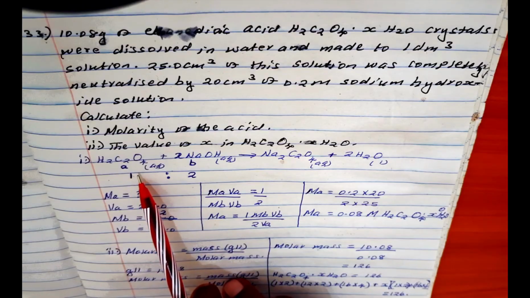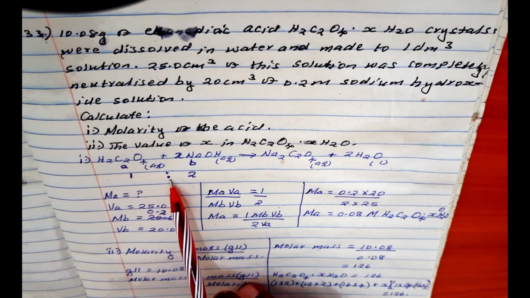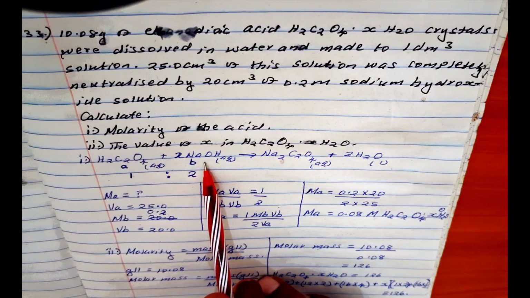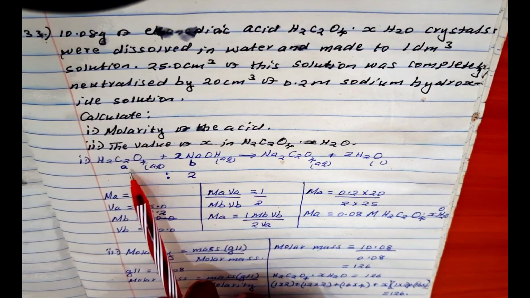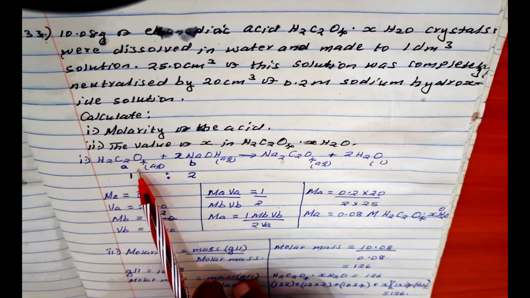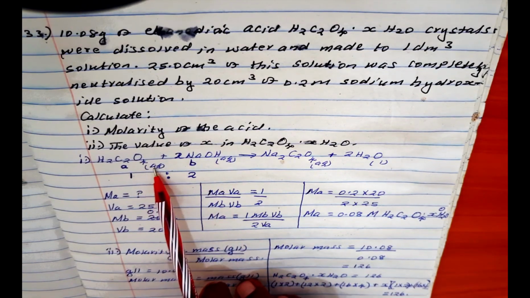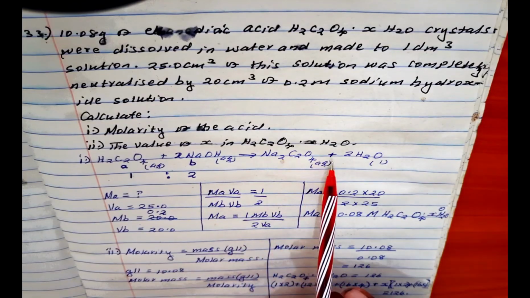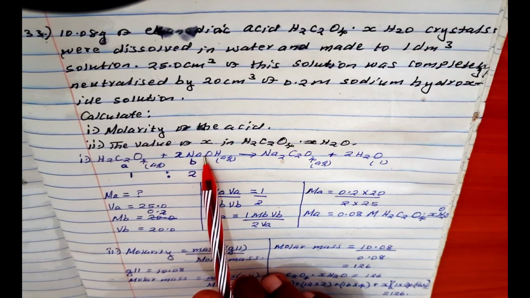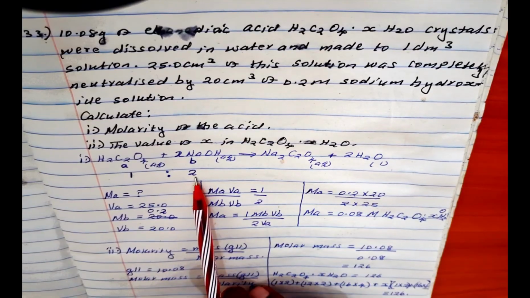So the reacting mole ratio is 1 mole of ethanedioic acid reacts with 2 moles of sodium hydroxide. The equation must have the correct chemical formulas, the correct state symbols, and it must be balanced. So this is the reacting mole ratio, 1 to 2.